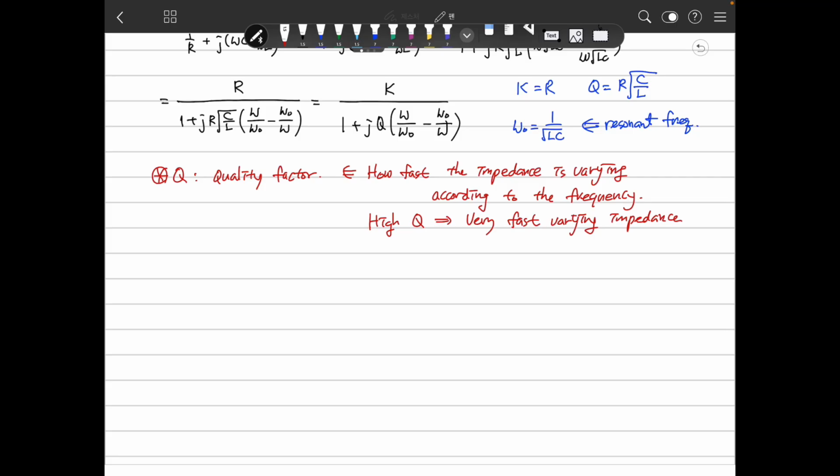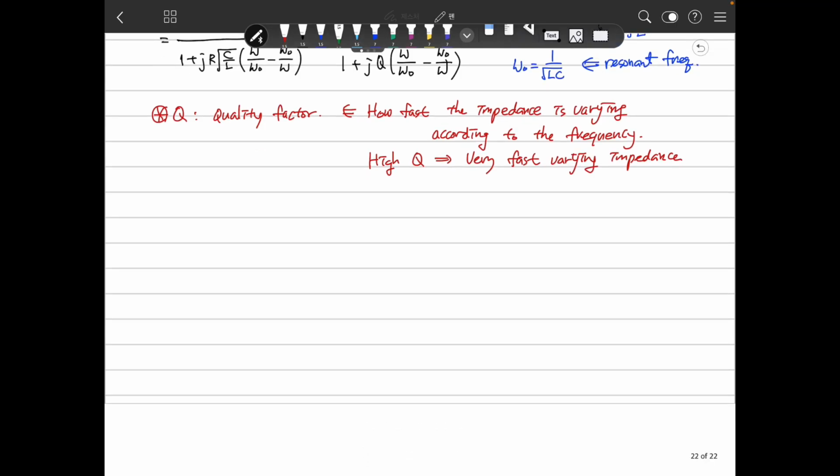And we have another term to describe here, which is bandwidth. Bandwidth is the frequency range between two frequencies.